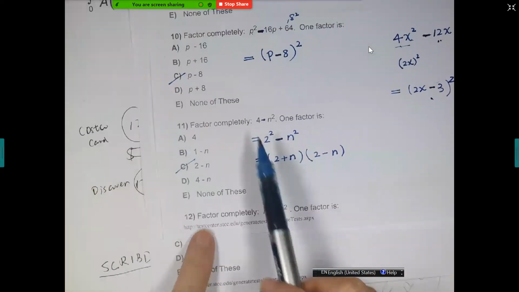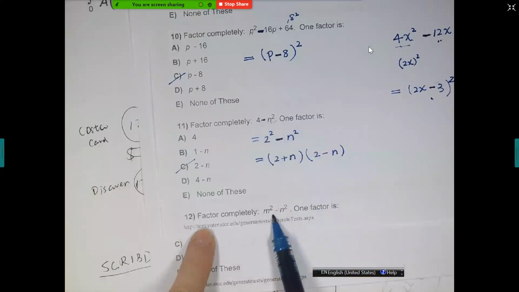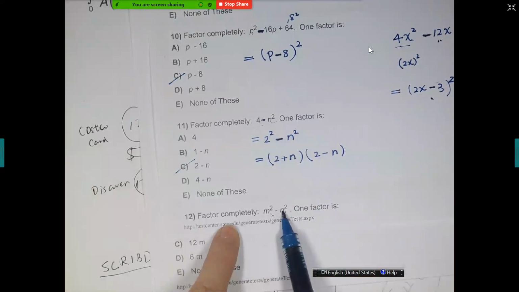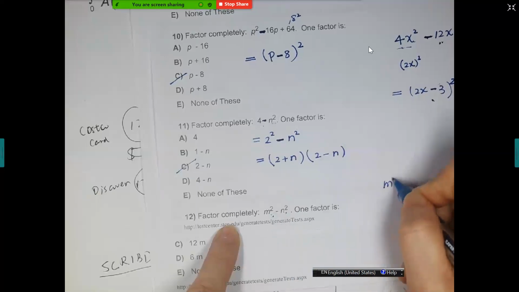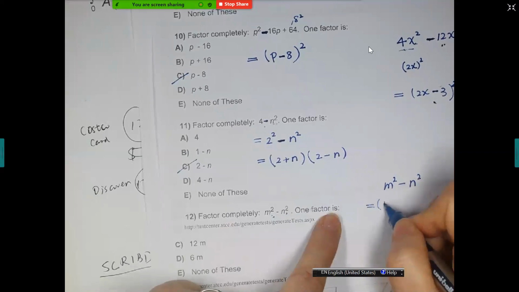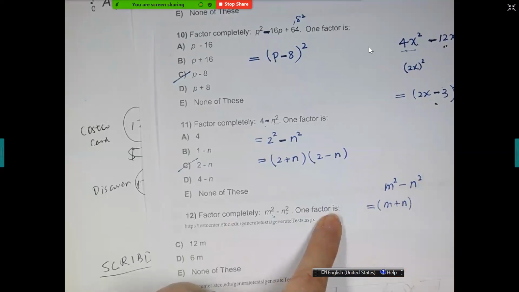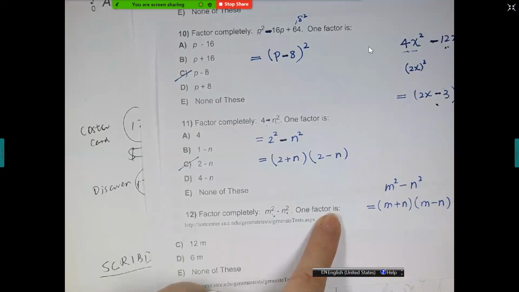In this one there is only one variable, one number, one variable. Sometimes we see two variables, like m squared minus n squared. As long as this is something squared minus something squared, how do we factor this? We'll always do this: add the two bases, m plus n, times the difference of the two bases, m minus n.